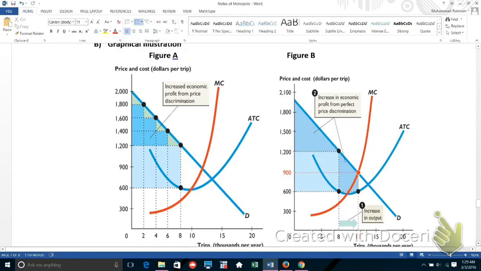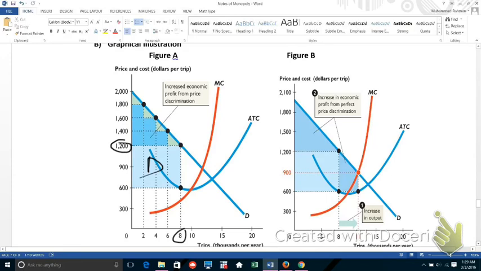In order to avoid complications in the figure, we have dropped the marginal revenue curve. Imagine that the single price the monopolist is charging is $12, and the quantity sold is 8. You can see that the light blue area is the profit that our regular monopolist would be earning.